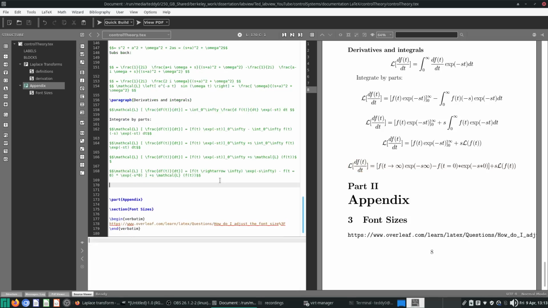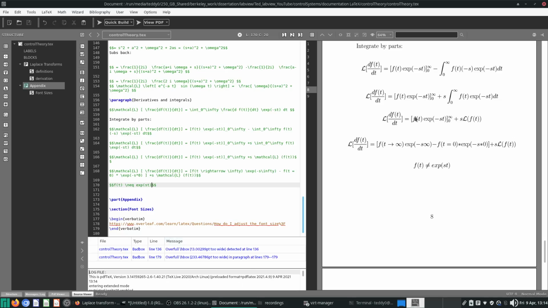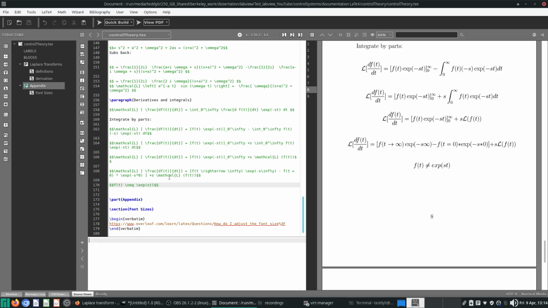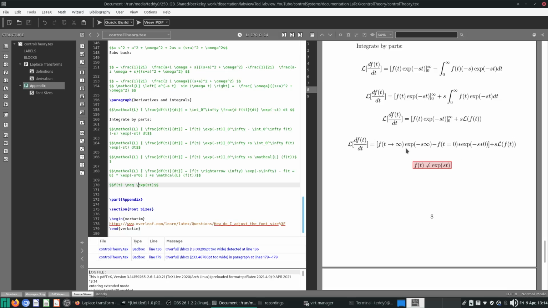Now we note a few things. In general, f(t) should not go to infinity faster than e to the st. I don't think f(t) will ever be that fast in the problems we encounter, so we don't really have to bother.